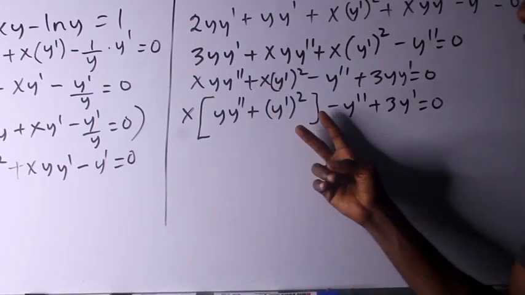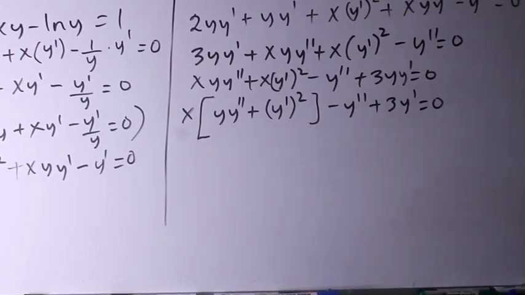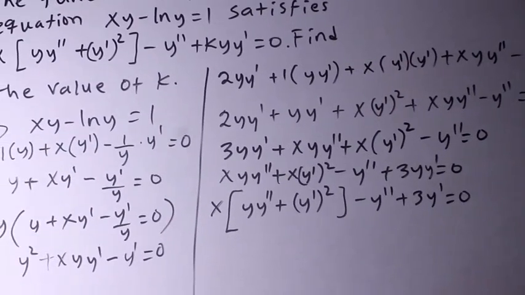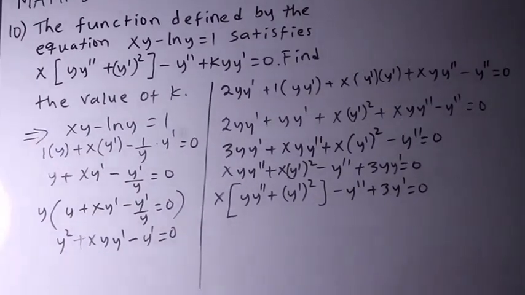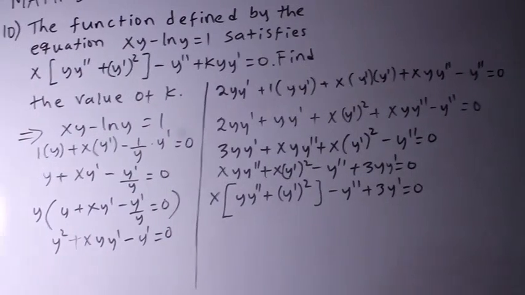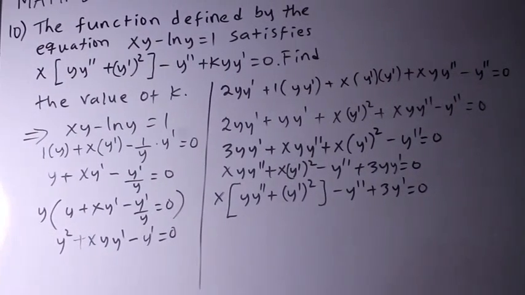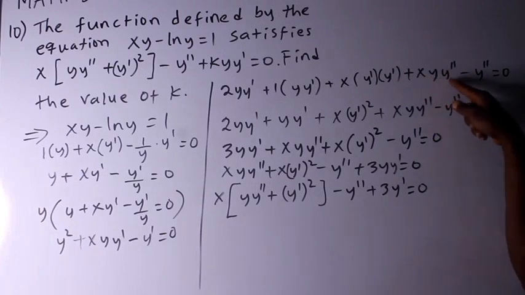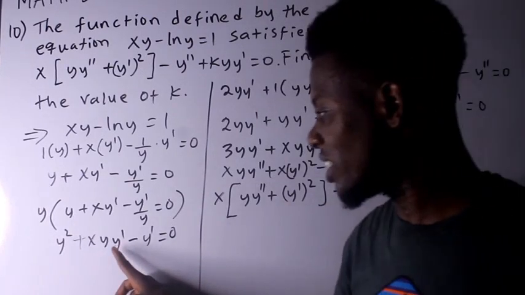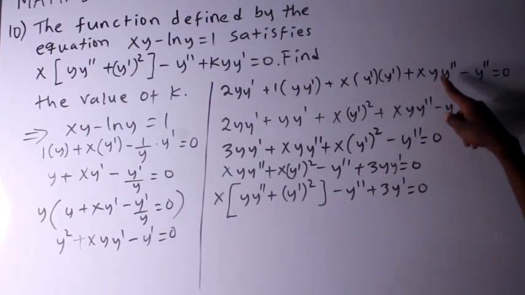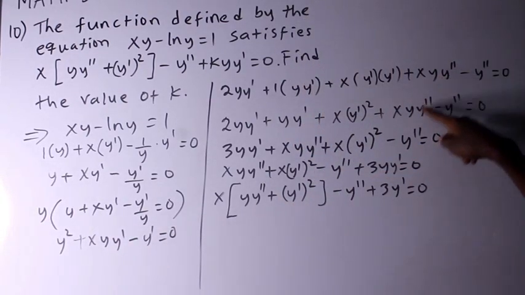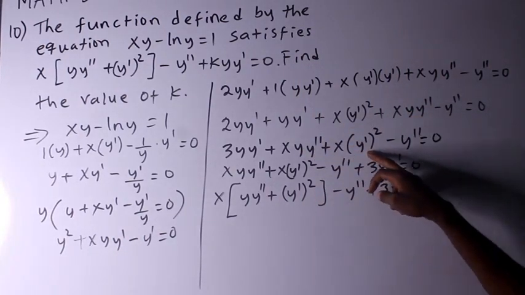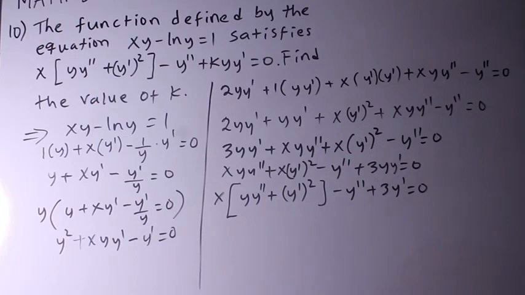So we compare this with the original equation given. What will we have? As I rightly said, here we had an x y prime prime from the derivative of this last expression. So we rearrange this, and when we write this we have to factor out an x.